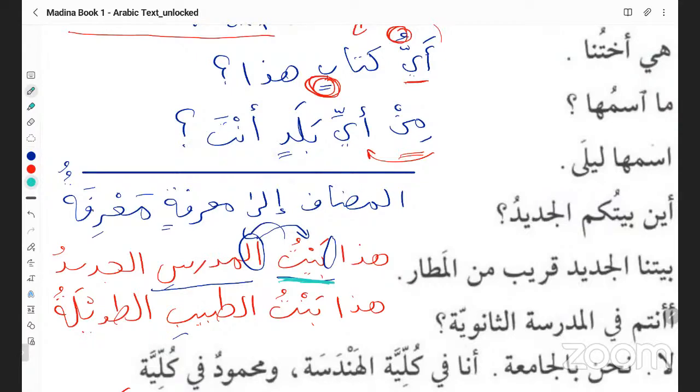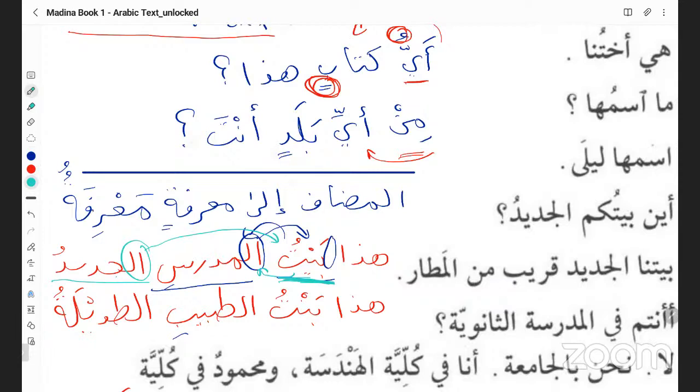This is the new house of the teacher. How do I do this? I'm going to put the description of bait after the mudafun ilayhi, and it will be al-jadidu. Why al-jadidu? Because I'm considering that this word bait is ma'rifa because it's mudaf to a ma'rifa word.